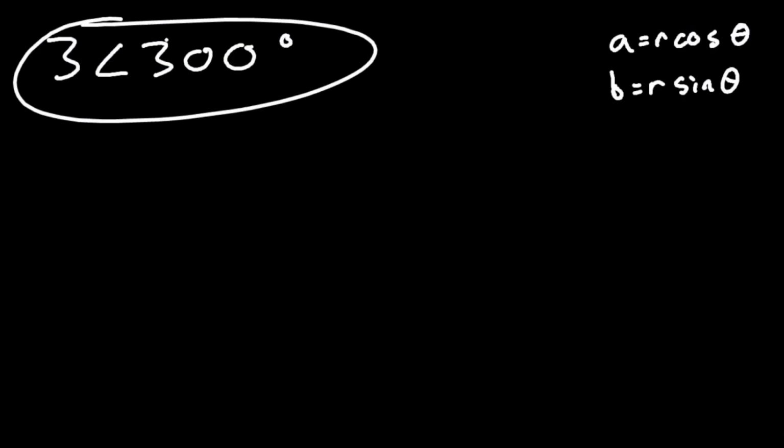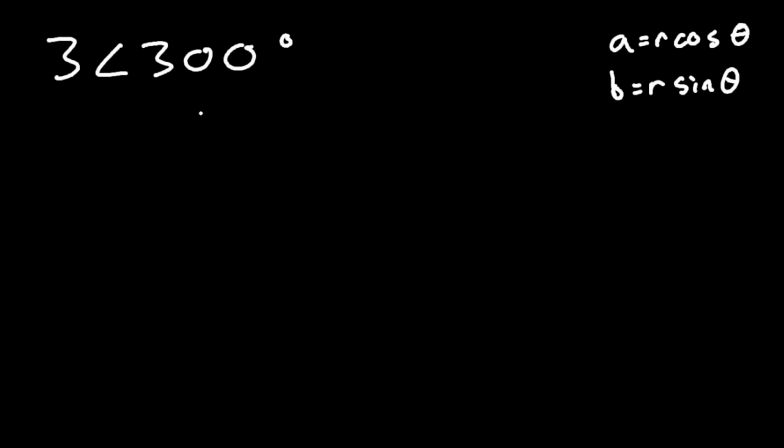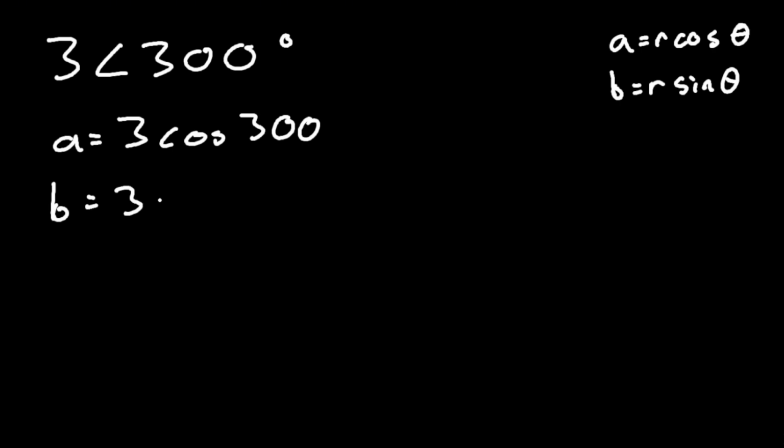Let's turn 3 at 300 into rectangular coordinates. So a is equal to r cosine of theta. R is 3. Theta is 300. B is equal to 3 sine of 300 degrees as well. Let's go ahead and evaluate these. So 3 times the cosine of 300 and 3 times the sine of 300.